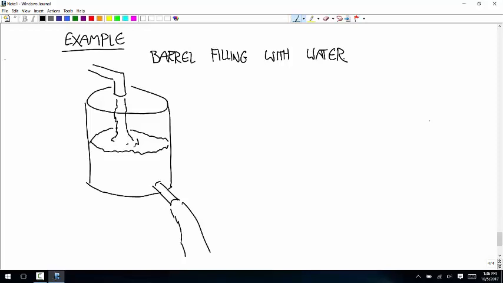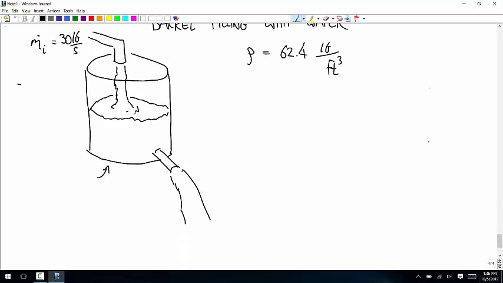Let's say that the rate of water being added to the barrel, m i dot, is equal to 30 pounds per second. The density of the water is constant, 62.4 pounds per cubic foot. The cross-sectional area of this barrel is 3 square feet.